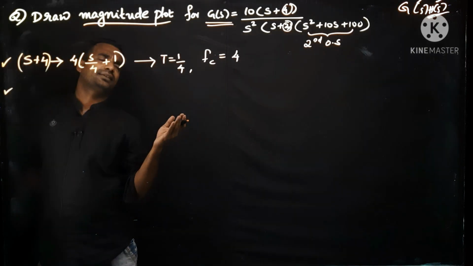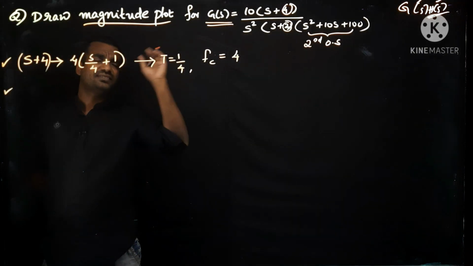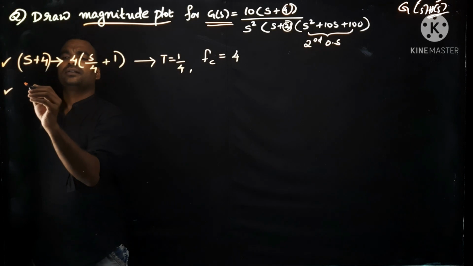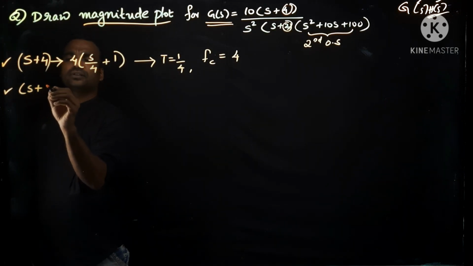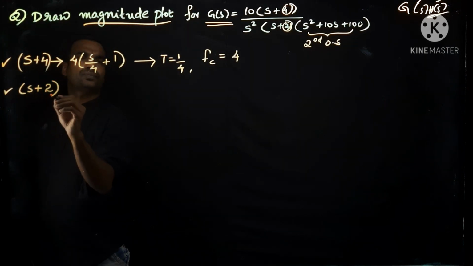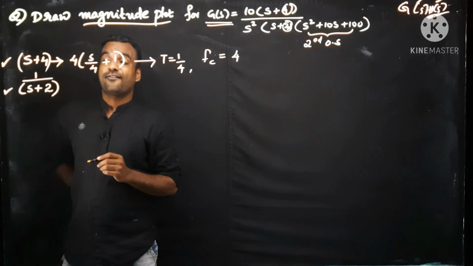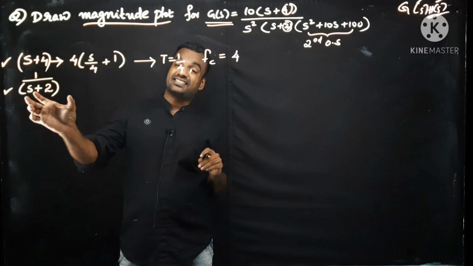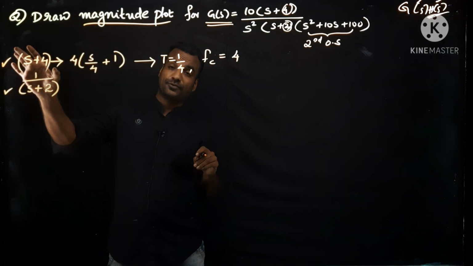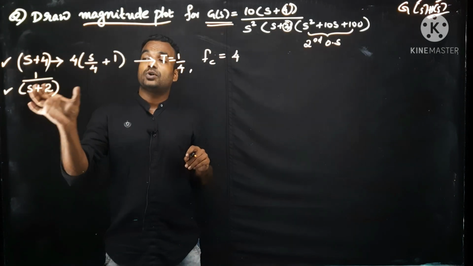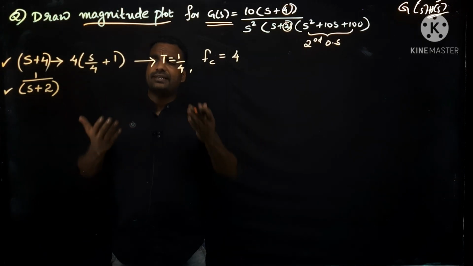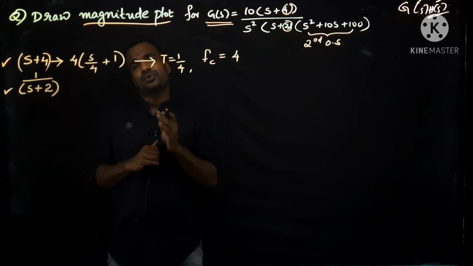s square, is there anything to arrange? No, s square is in standard form itself. Now let me arrange s plus 2. Not s plus 2, it is 1 by s plus 2. 1 by s plus 2 means it is a pole, and s plus 4 was a zero. So 1 by s plus 2 can be rearranged as s plus 2 raised to minus 1.